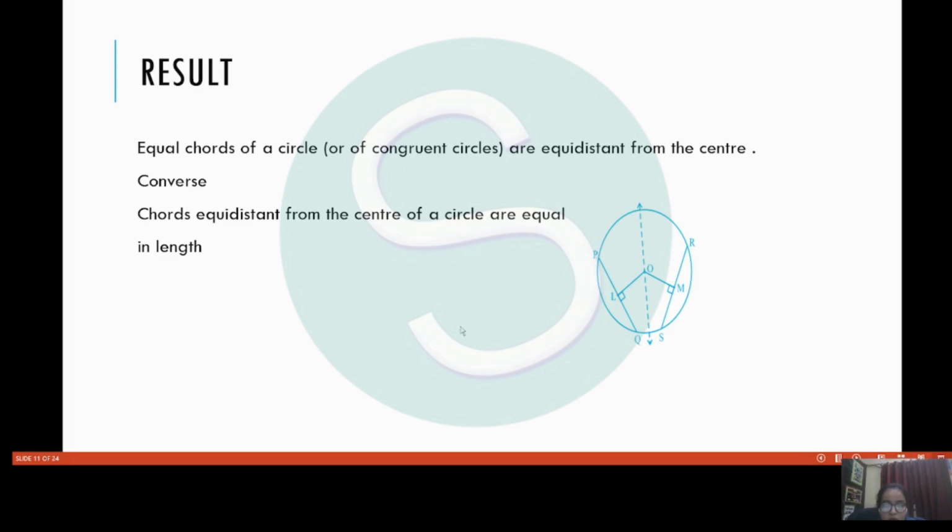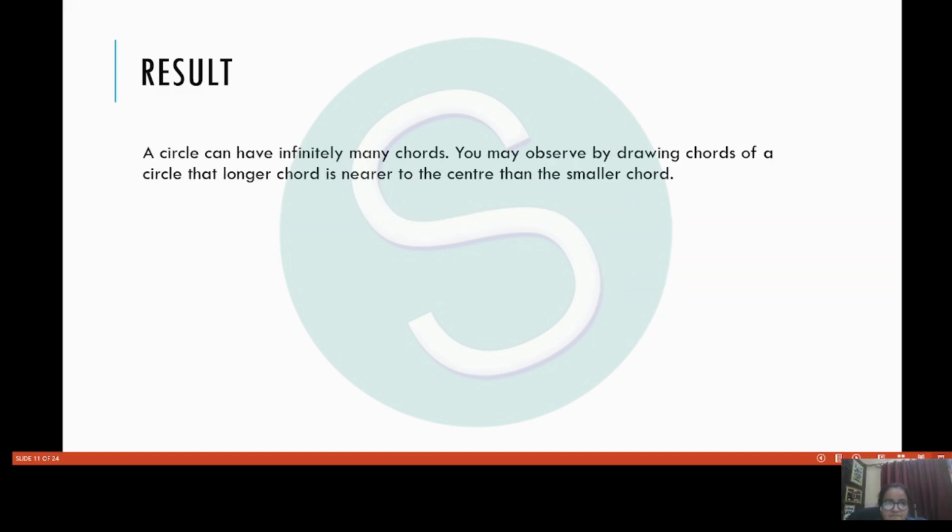That is, if chords are equidistant from the center of a circle, then they are equal in length. So in case it is given to us that the chords are equidistant from the center, that is OL equals OM, then we can say that PQ will also equal RS. These results are very helpful when we are solving the questions.